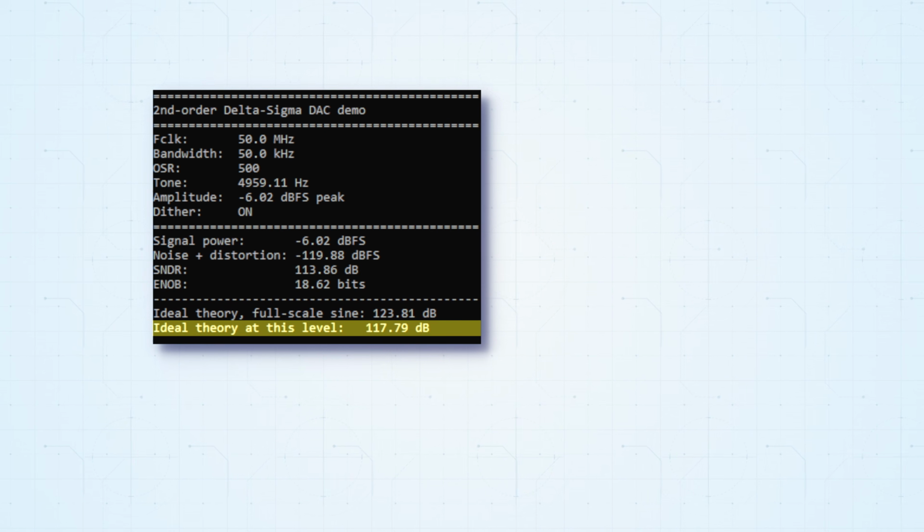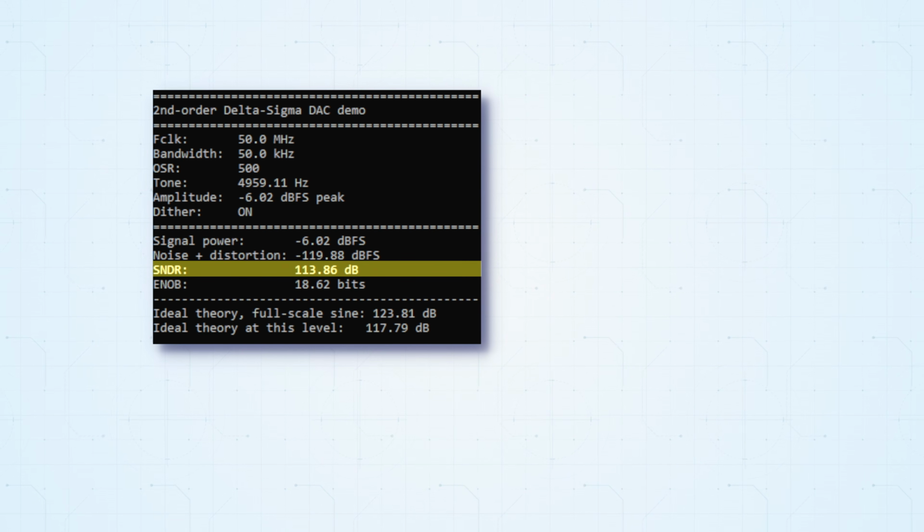Secondly, the digital dithering we deliberately introduced, along with the residual noise from the 24-bit quantization, both cost us a few decibels. However, even when we account for all of these inevitable real-world losses, a final figure of 113.8 decibels still provides us with a healthy performance margin over our initial design target of 98 decibels.